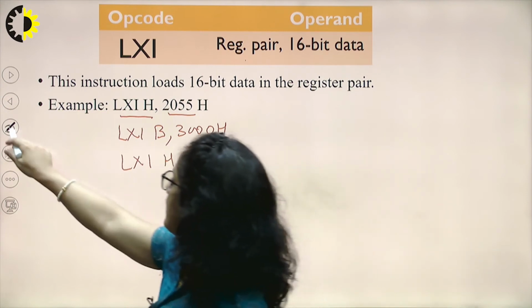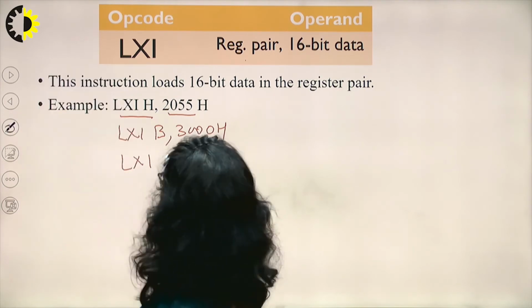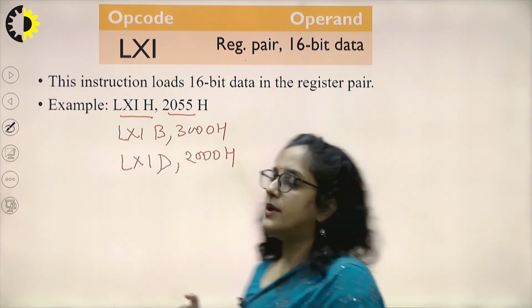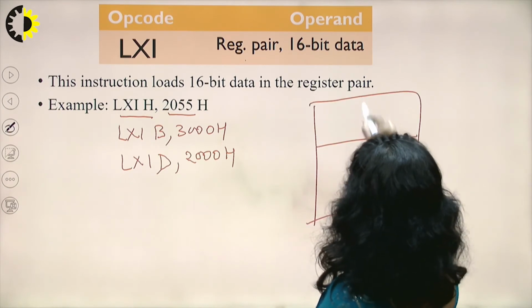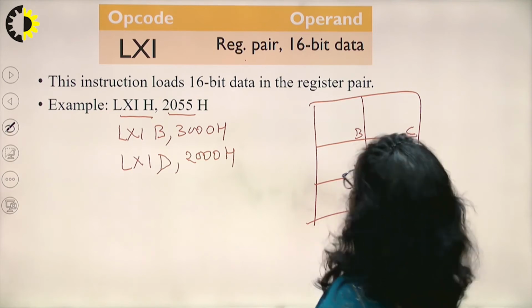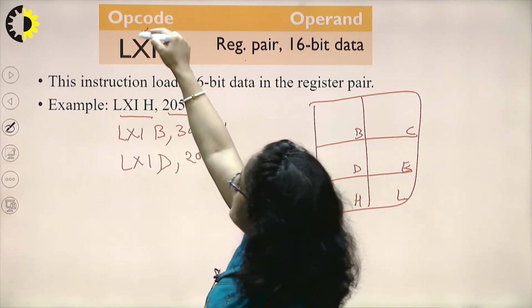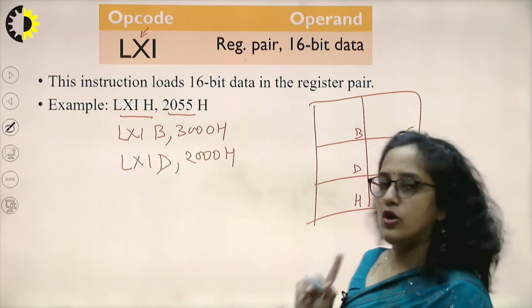We have three pairs: BC, DE and HL. I already told you that whenever this X comes, you have to consider it as a pair. L stands for load.